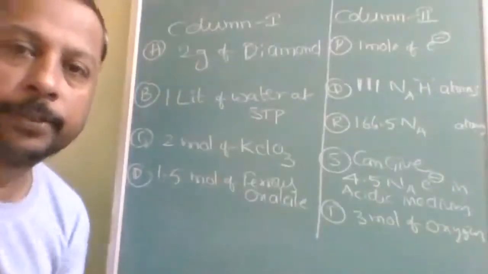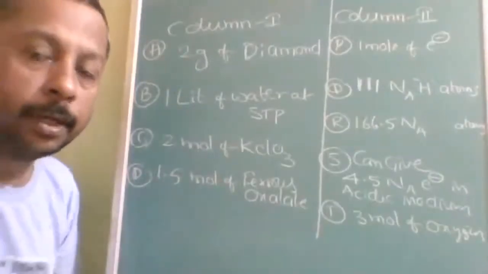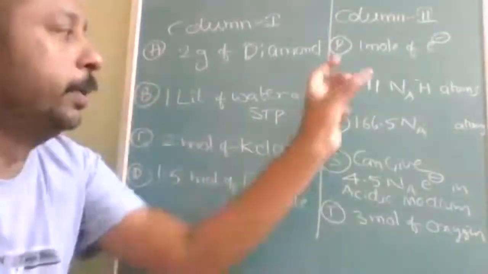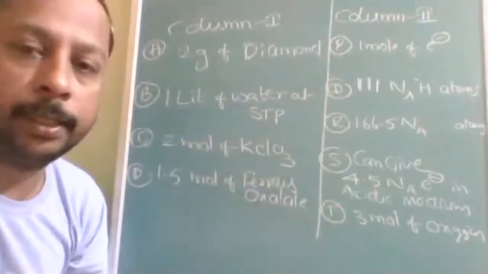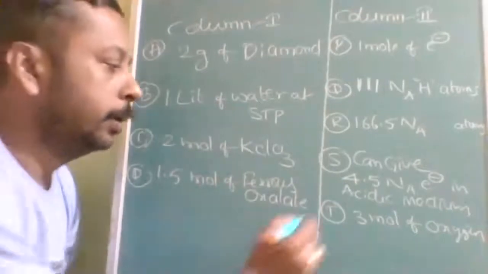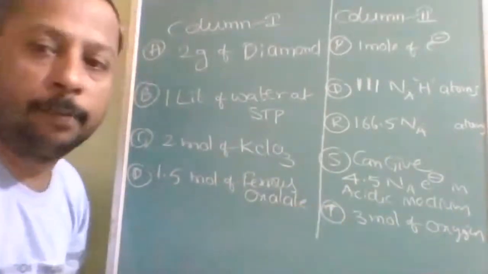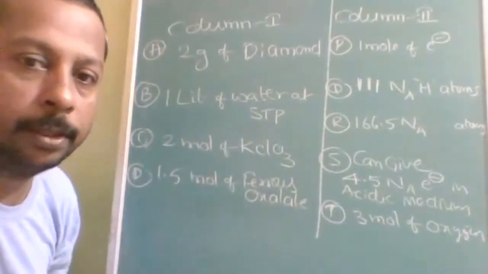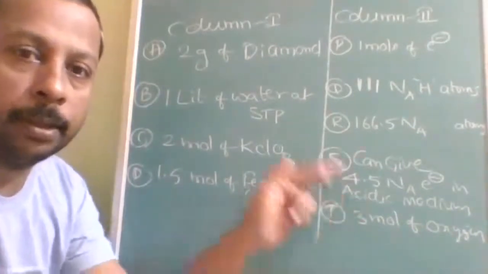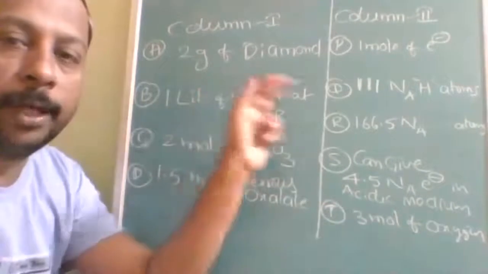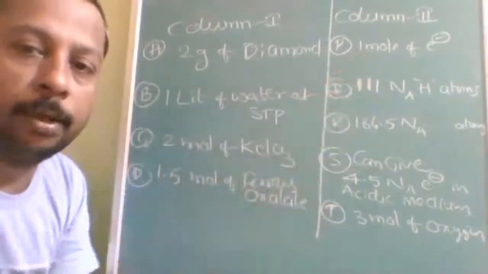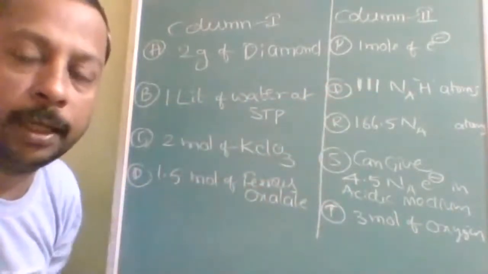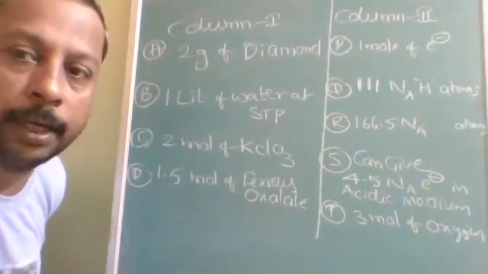Okay, here is the first matrix match question. Try to solve it fully. Don't miss at least one of them. It is a matrix match, and I have started from the very first chapter, the mole concept, which also involves some redox, like number of electrons. 1 gram of diamond contains 1 mole of electrons, or triple one Avogadro number of hydrogen atoms.